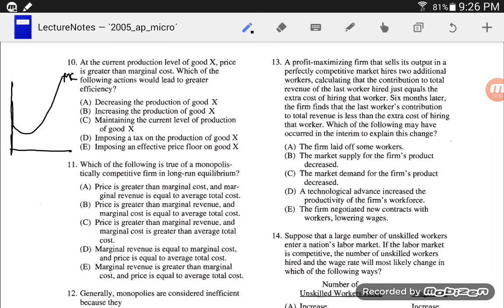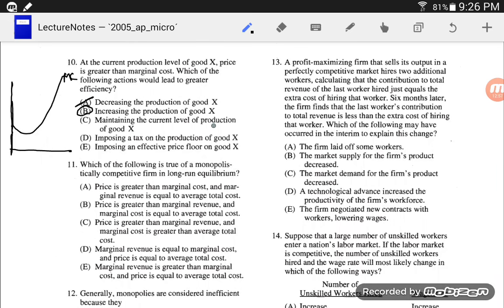So would decreasing the production of X help? I don't know why that would lead to a greater efficiency. If the price you're able to get is still higher than the marginal cost, I think you would want to increase your production of the good. So I kind of like that one.